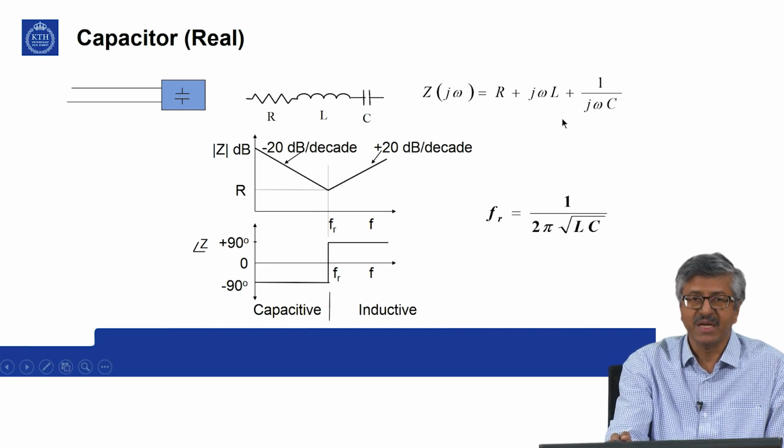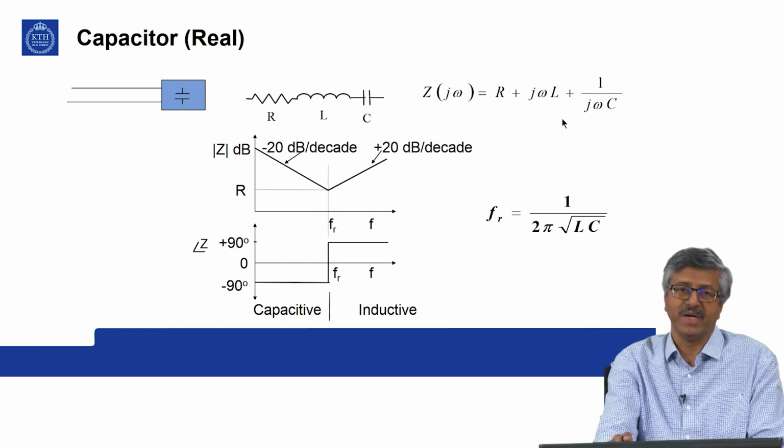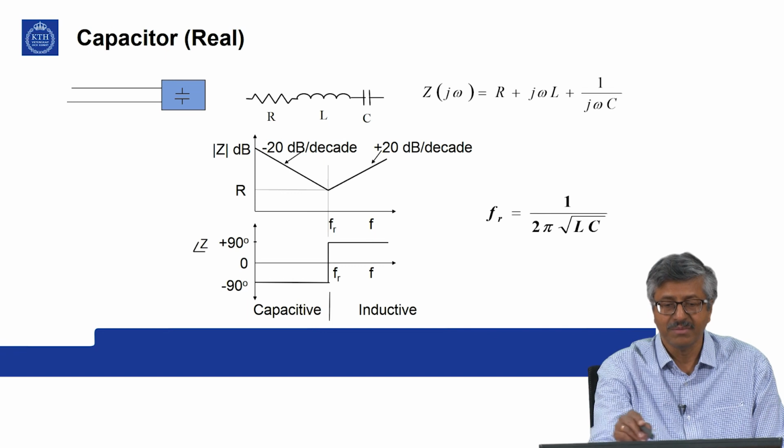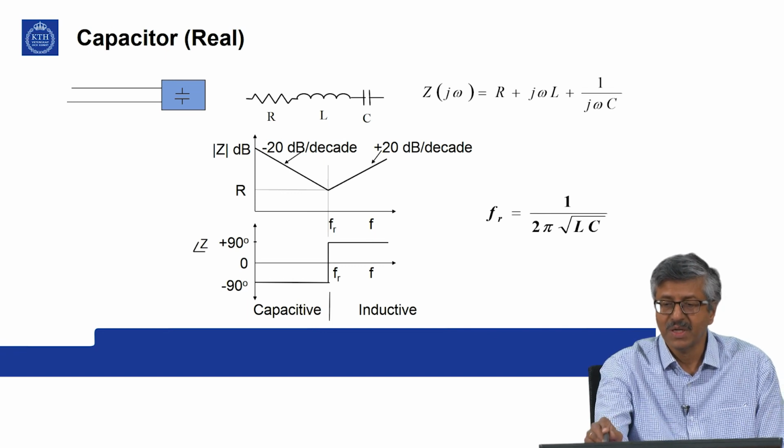You increase the frequency from 0 hertz, and then it is only R, plus j omega L is 0. So, this part is 0 and this part is infinite at omega equal to 0, idealized.